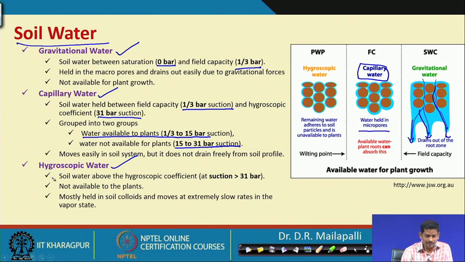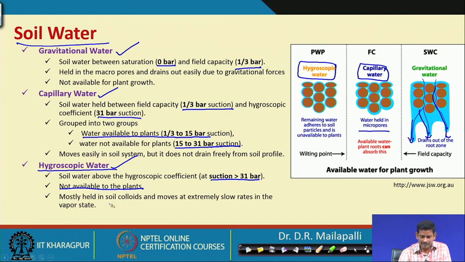Okay. Then the hygroscopic water. This hygroscopic water is going to remain in the soil, held tightly to the soil particles. The soil water at the hygroscopic point has a suction greater than 31 bar, and of course it is not available to the plants.